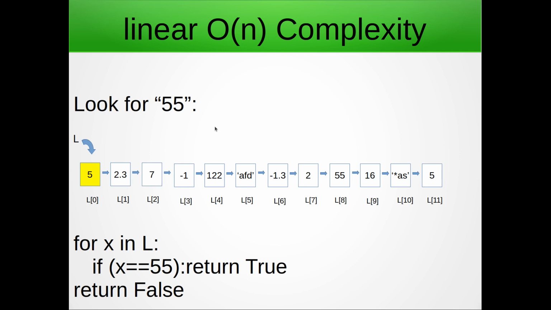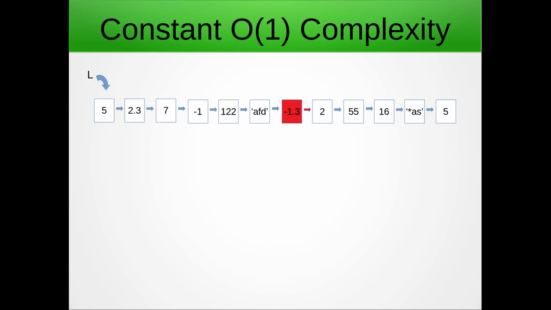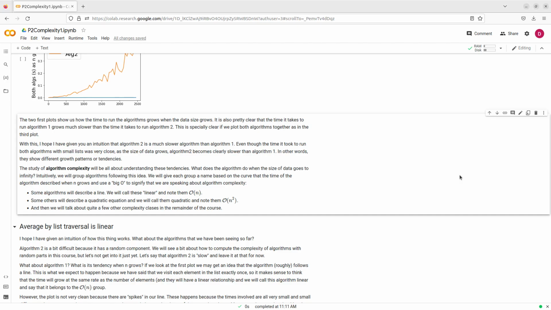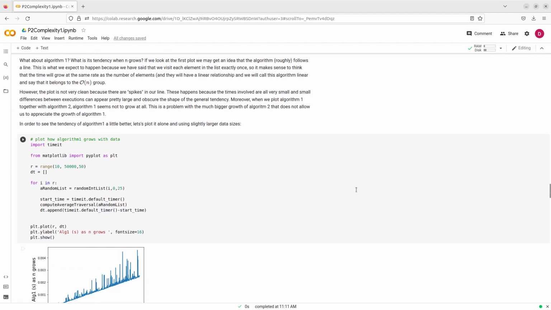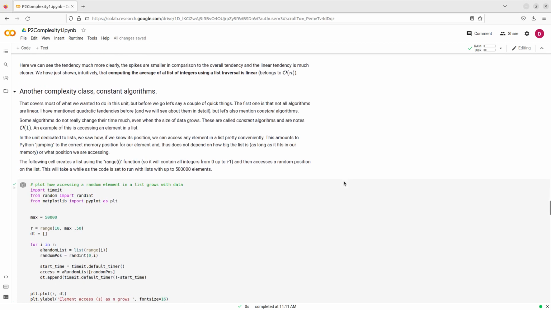So in this case, we are going to say that this algorithm is linear because in the worst case, I'm going to have to look at all the elements in the list, and I'm going to take exactly the same time that I was taking before. Okay? So we are going to be using worst case complexity. Okay? And we have seen linear complexity already.